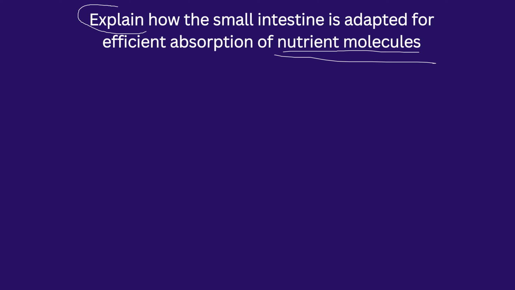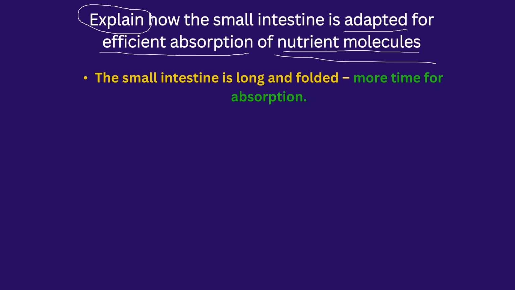So it says explain. When you're asked to explain, it means you're giving reason. Tell me why something is happening. So for this question, we're looking at why the adaptations that we're going to be naming allow for efficient absorption. Okay, so the first adaptation is the small intestine is long and folded.